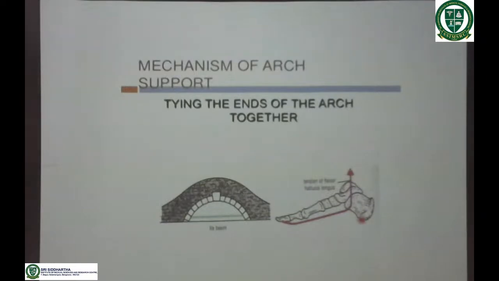The two ends are supported by a structure called the tie beams. Tie beams support the base of the arch, extending from the posterior end to the anterior end.